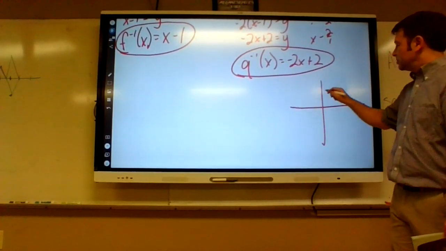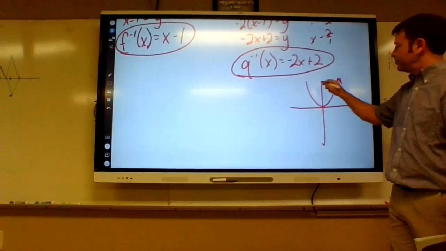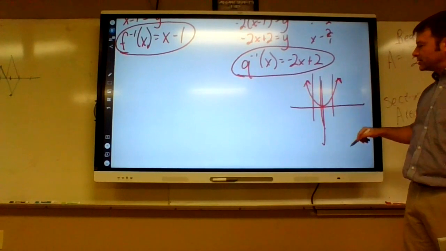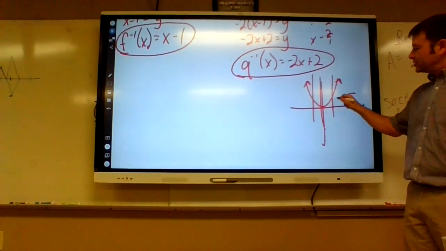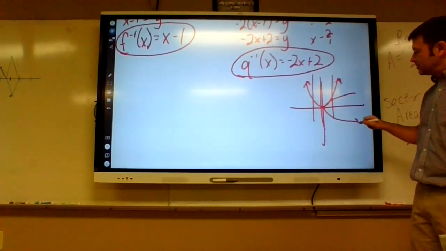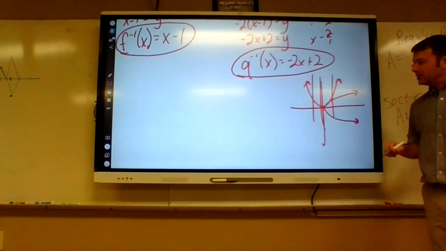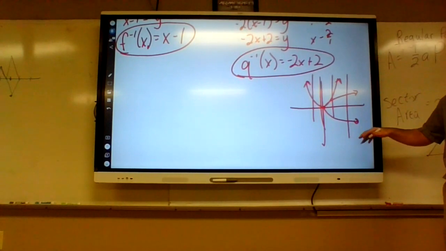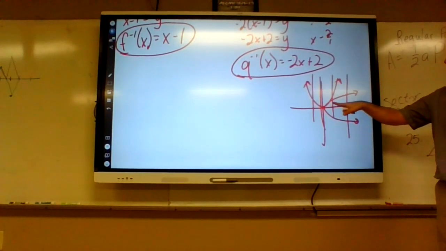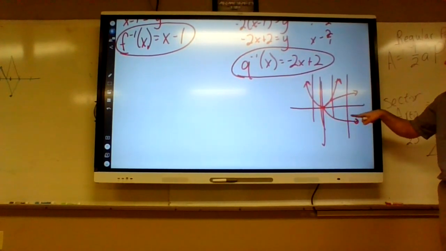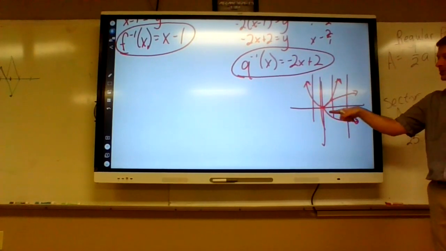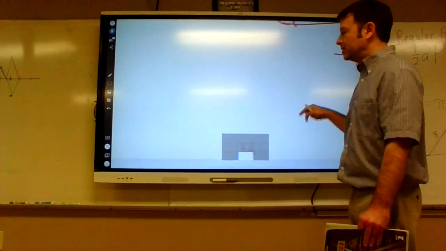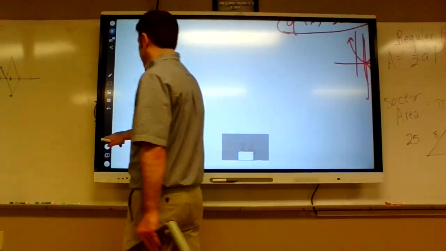So, for example, a parabola is a function because it passes the vertical line test. But its inverse, remember we graphed those two things together? The inverse is not a function. It's made of two parts that are functions by themselves, but together it does not make a function. So yeah, the vertical line test is how we tell.